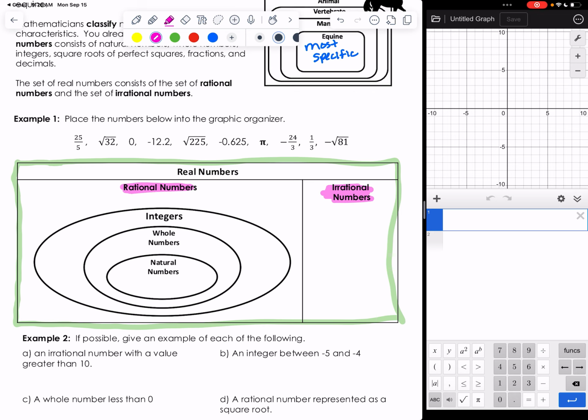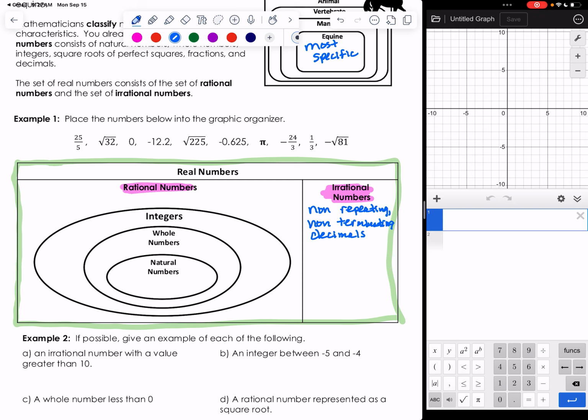Okay? Now, just by way of review, irrational numbers are non-repeating, non-terminating decimals.